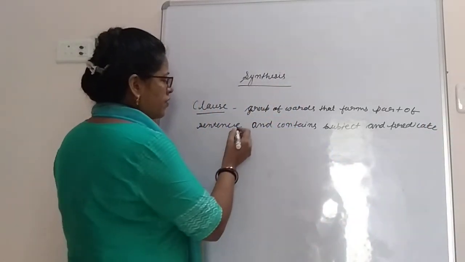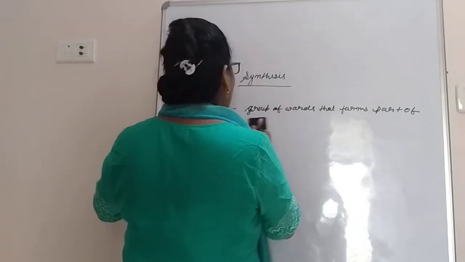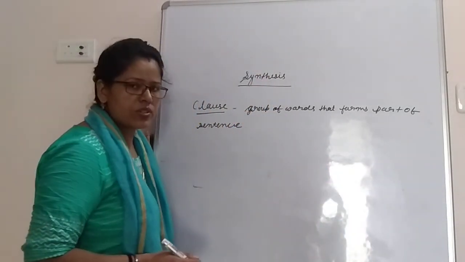Okay, you can define till here also. It is also sufficient. Okay. So a group of words that forms part of a sentence is known as what? Clause.